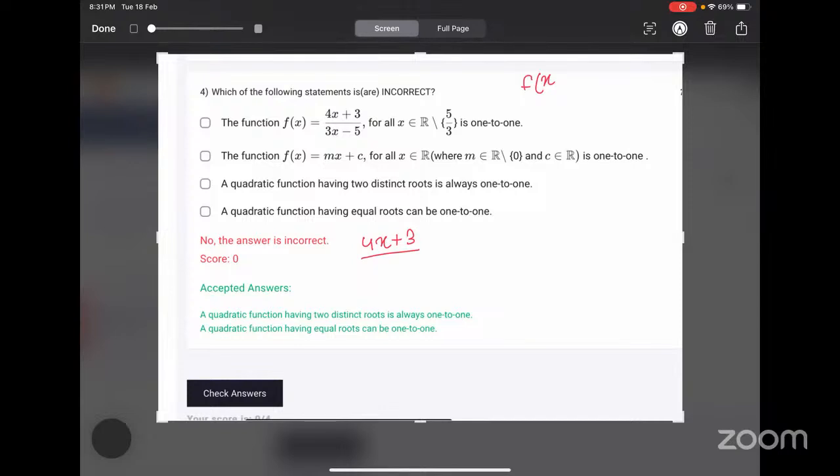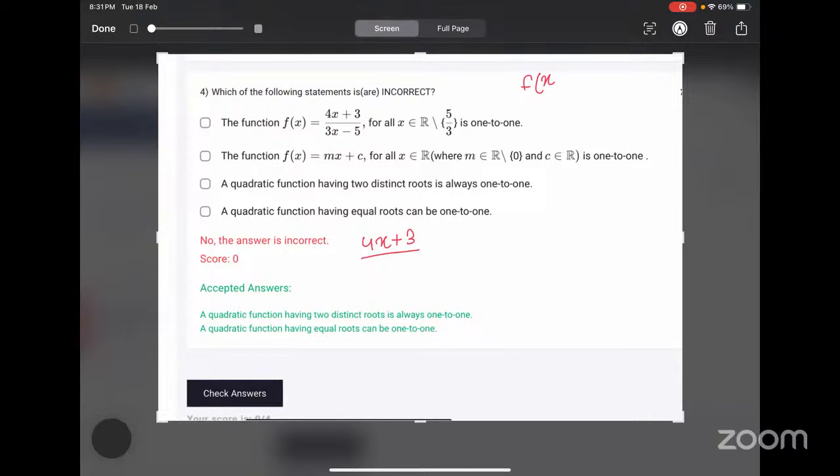I can't hear you. Hello. Yes. Here the denominator is 3 and the numerator is 5, so it is not possible. It's a simple hint. They're not including that 5 by 3. R minus 5 by 3 is out of the domain, right?